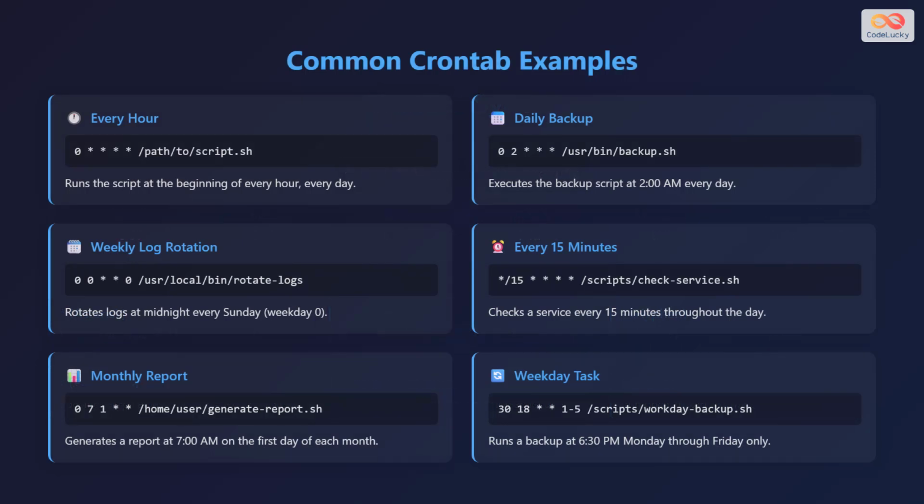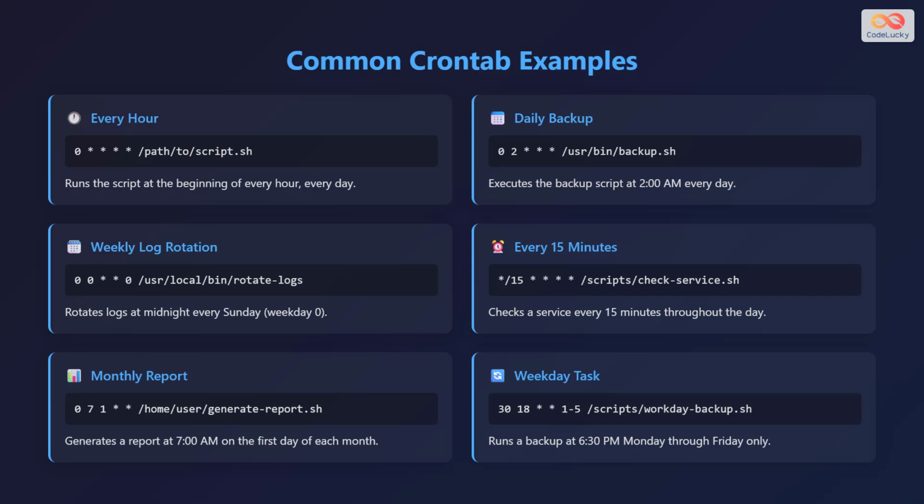Let's explore some common Crontab examples. To run a script every hour, use the following entry: 0 * * * * /path/to/script.sh. This will run the script at the beginning of every hour every day. For a daily backup at 2 a.m., use the following entry: 0 2 * * * /usr/local/bin/backup.sh.